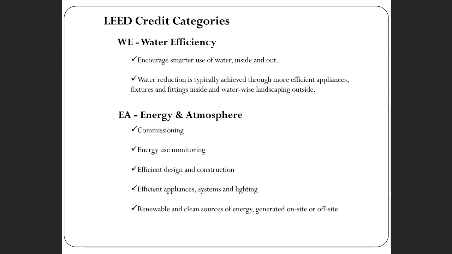Commissioning, we talked about commissioning as being a structured process to make sure the design intent of the design team has been realized, make sure the systems are operating the way that the designers had intended. Obviously, renewable energy is a key component of EA.